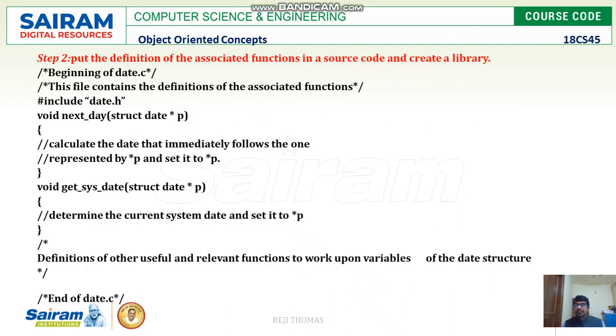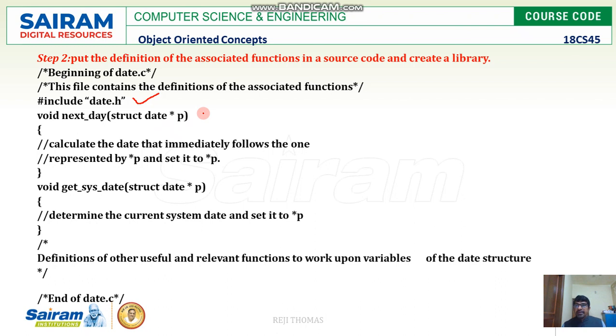The second step is, you have to write the function definitions for the functions you have declared in the header file. For that, you have to include the header file in which you have saved the function prototypes. If you look at this, we have saved this in date.h.